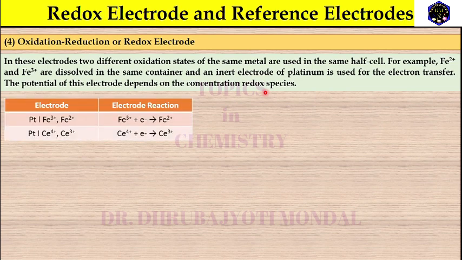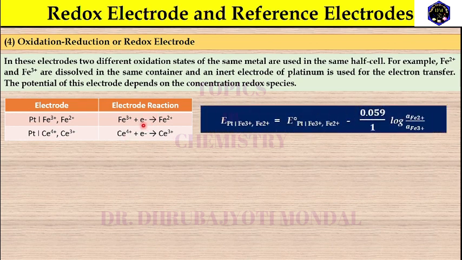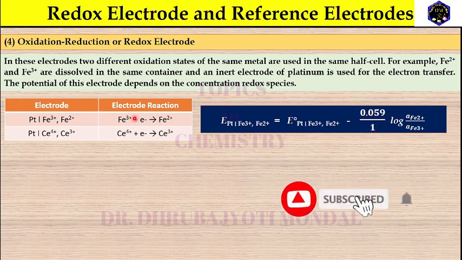So what are the examples? First, platinum, Fe3 plus, Fe2 plus. This is the electrode reaction: Fe3 plus plus electron converts to Fe2 plus. Another example, platinum, cerium 4 plus, cerium 3 plus: cerium 4 plus plus electron converts to cerium 3 plus. Now if you consider this reaction, you can write E of platinum Fe3 plus Fe2 plus is equal to E0 of platinum Fe3 plus Fe2 plus minus 0.059 by 1, where 1 is the number of electrons changed, log of product concentration over reactant concentration.